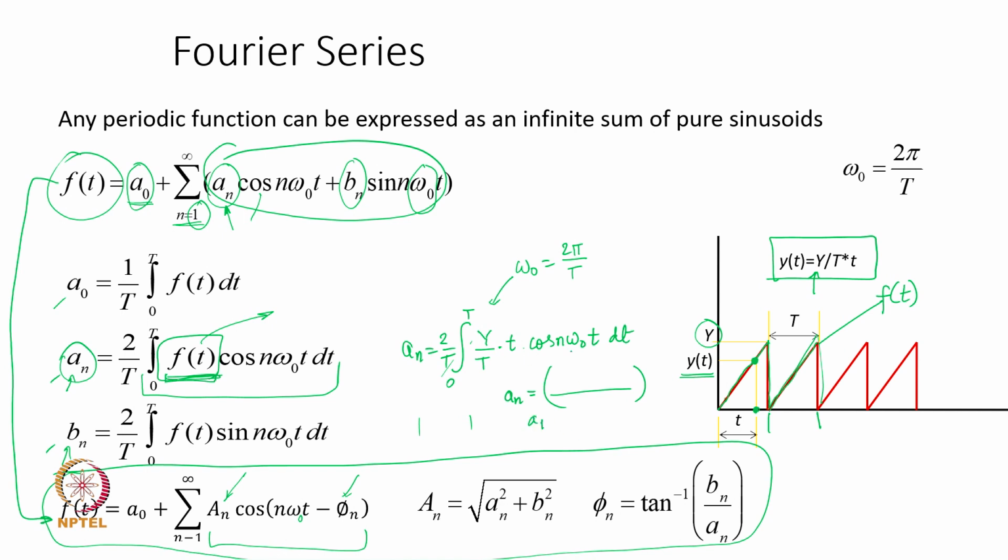I will substitute n equal to 2 to get the value of amplitude 2, and so on. Once I get a n and b n, I can get this amplitude, and then I will have a complete idea as to how many harmonics are needed and what their corresponding amplitudes are.